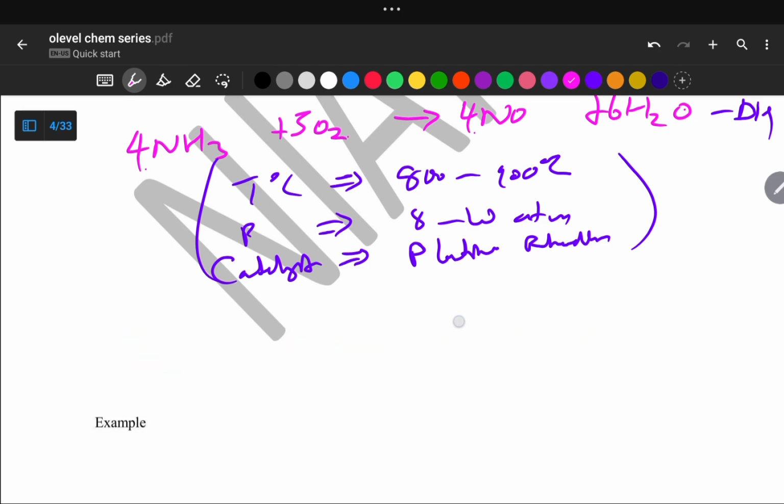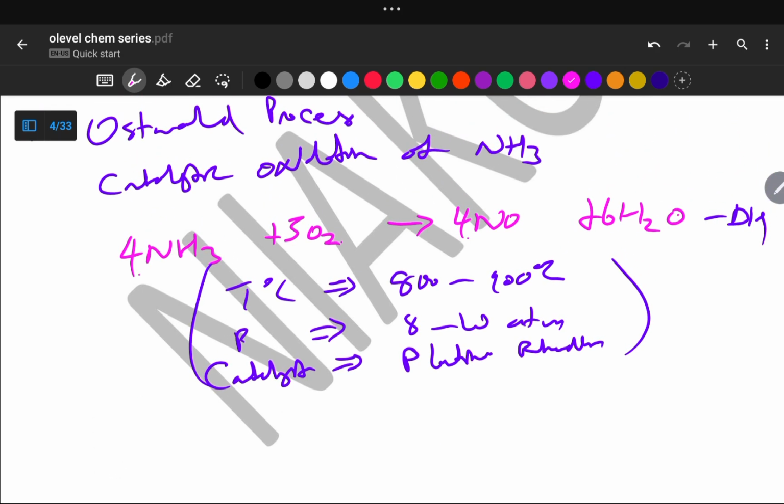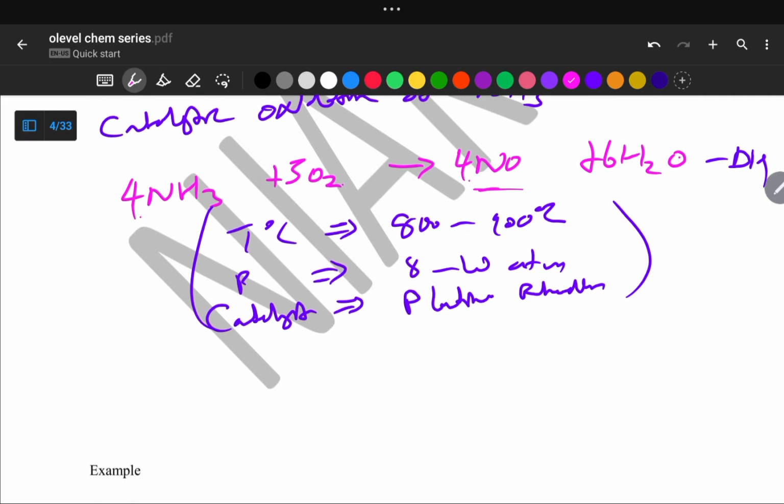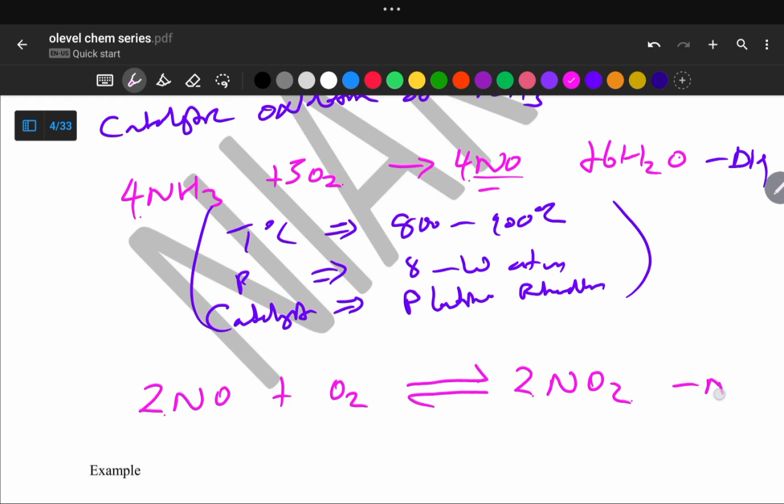So this one is the only reversible reaction in the Ostwald process, right?